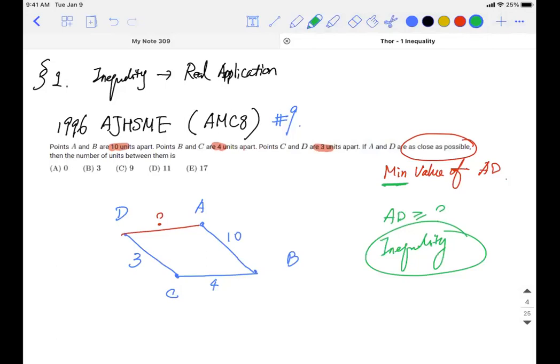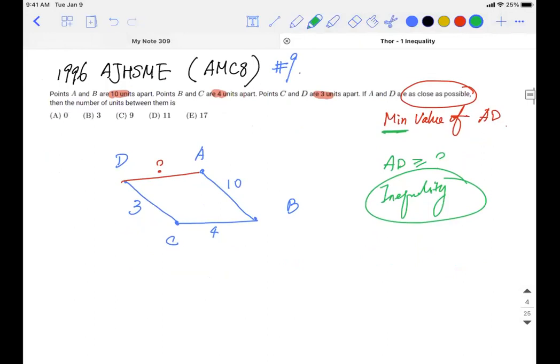So now my question becomes: I have a bunch of points, 1, 2, 3, 4, 4 points, and I need to create an inequality. Who can tell me, after you see such a graph, how can you generate an inequality? What is the basic condition for you to generate an inequality?